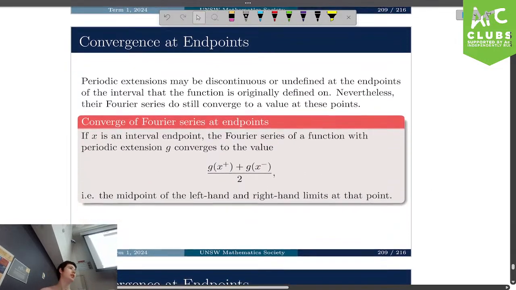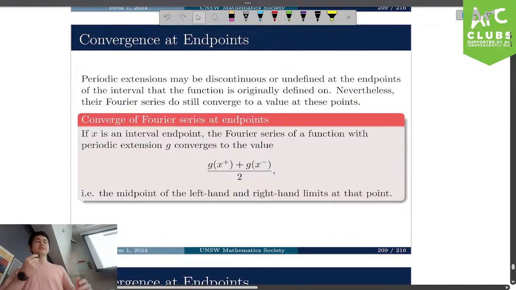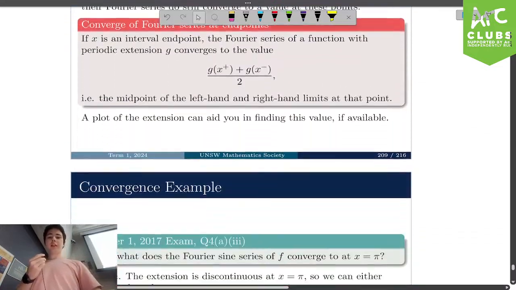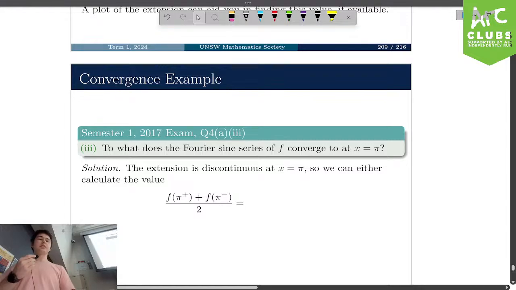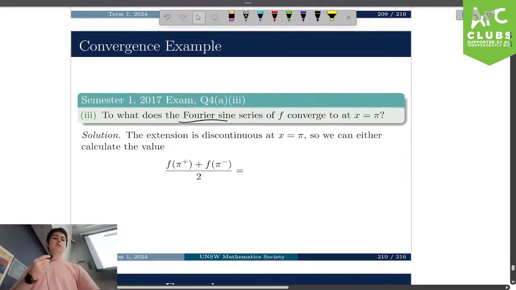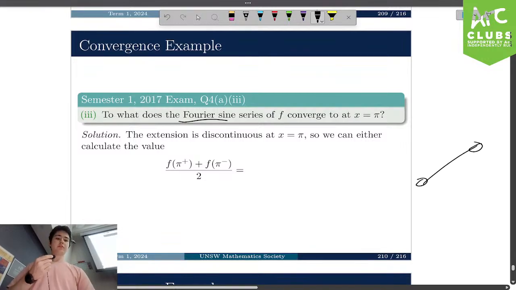And so we say that the Fourier series gives us the average of both limits for every point. So, as a hidden third part of this question, what does the Fourier sine series tell us when x is equal to pi? Well, we take it from the positive and negative sides. On the positive side, it looks like this. This is pi. This is minus pi.